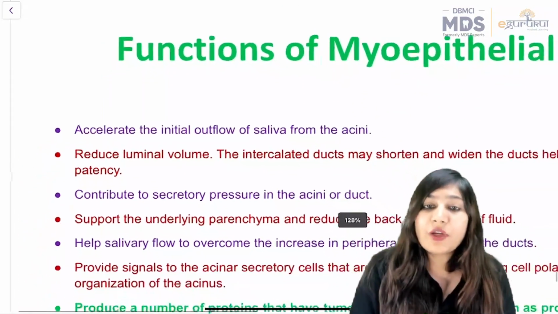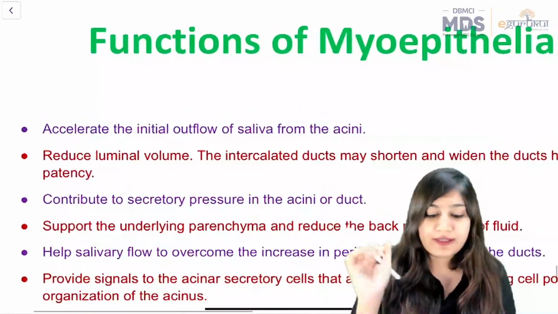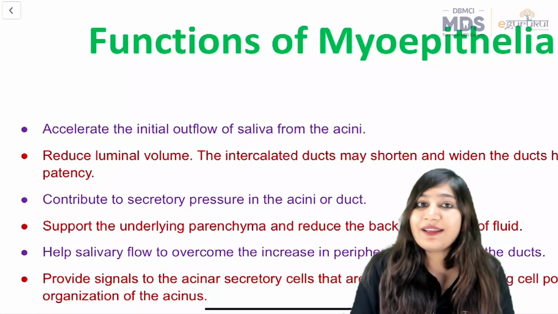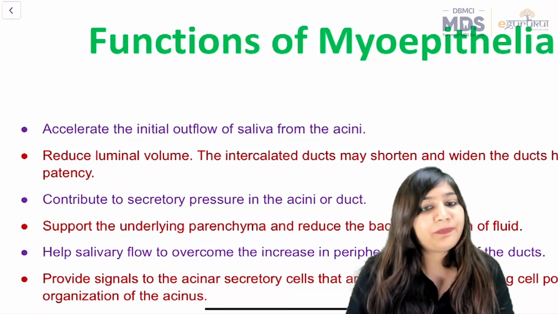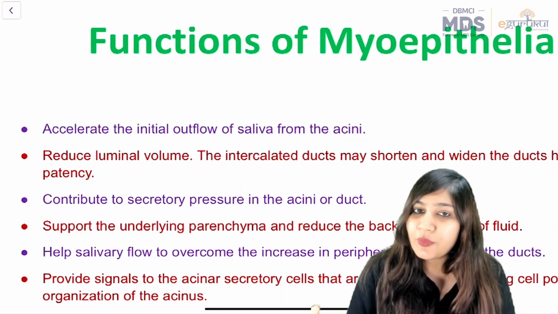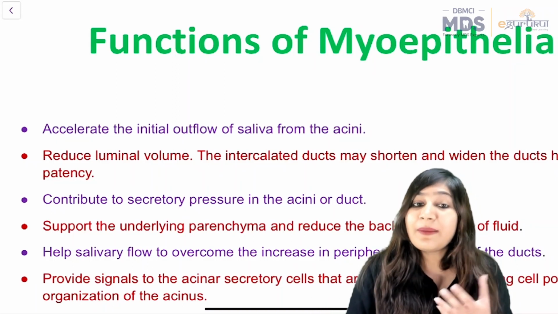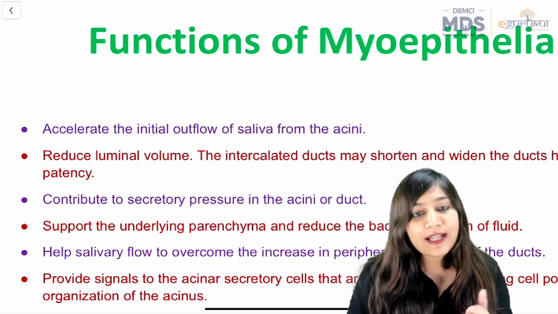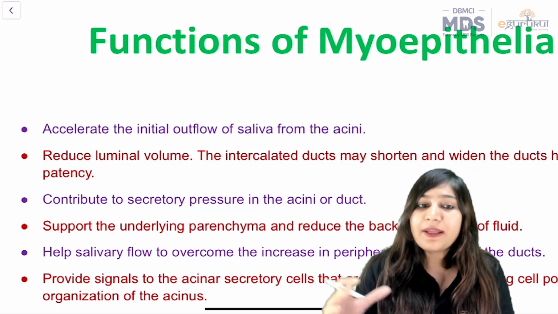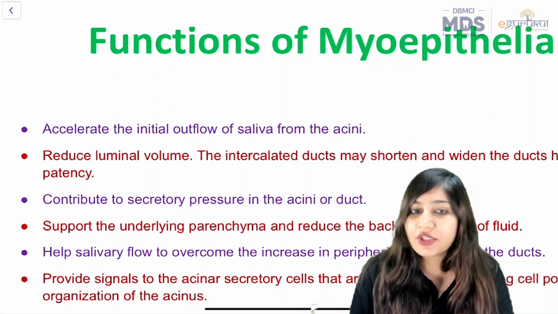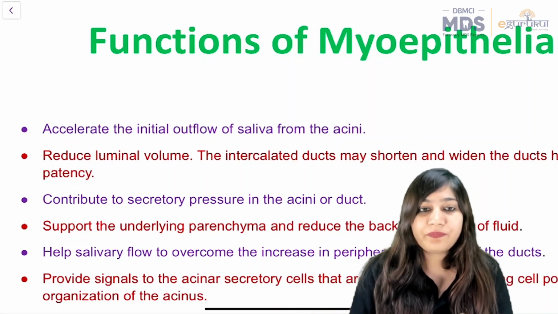Now coming to our question, functions of myoepithelial cells. Basically, they accelerate the flow of saliva, reduce the luminal volume, maintain the duct patency. They may shorten and widen the intercalated duct. They contribute to the secretory pressure of acini or duct.